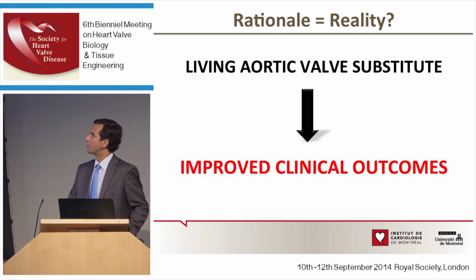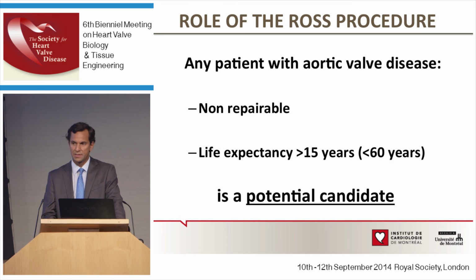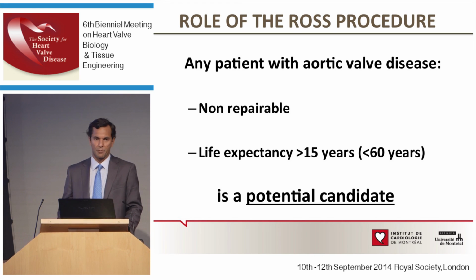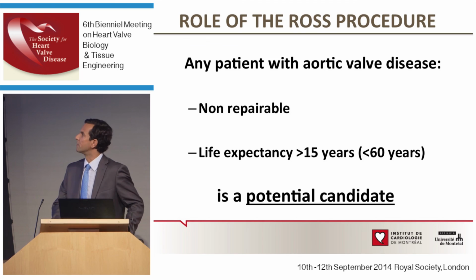And therefore the role of the Ross procedure at this point in time would be in any patient with aortic valve disease that is non-repairable, who has a life expectancy of 15 years or more, is a potential candidate for the Ross operation. We're obviously not stating that it should be performed in all patients, but certainly should be considered in all these patients because of the data that was mentioned previously.